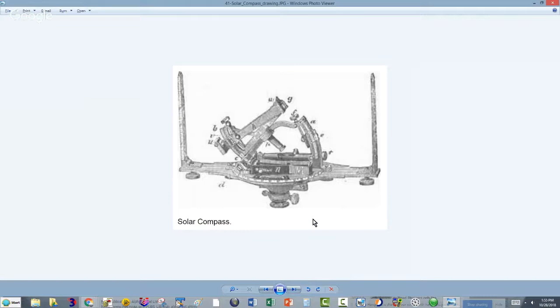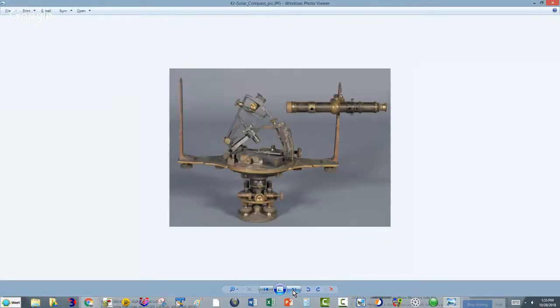So here's a drawing of a solar compass. Interesting. And I've linked to some sources for these. Here's a picture of one. There's actually a nice website that talks all about solar compasses, and a book. I think it's just called Solar Compasses.